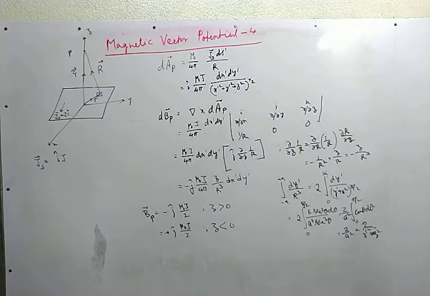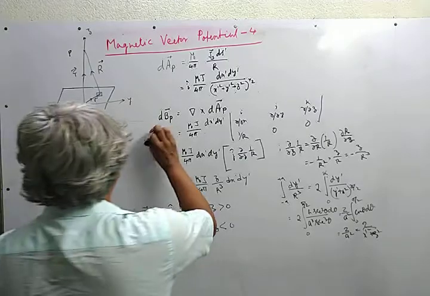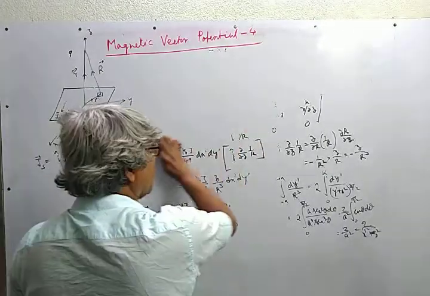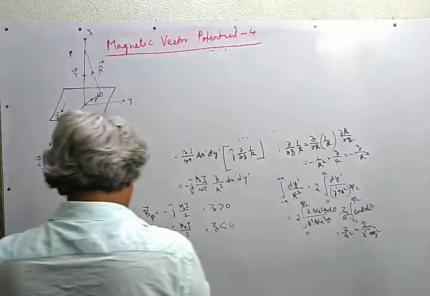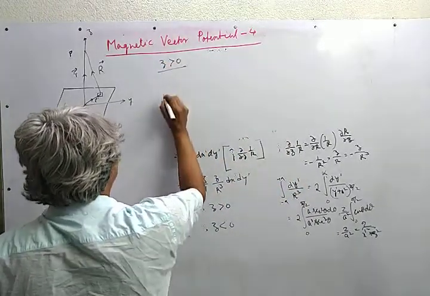Our aim is to find out the vector potential provided that we know the B field. For an infinite plane sheet, we consider the case for z greater than 0.